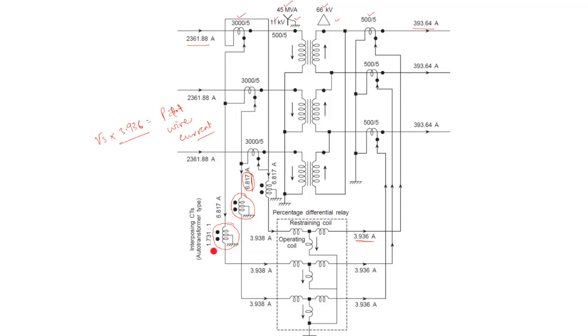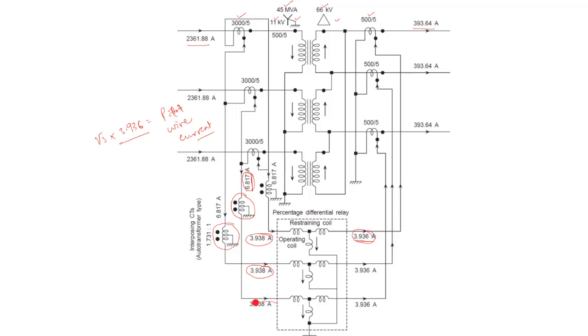We have a ratio of 1.731 is to 1. So now your current after the interposing transformer will become 3.938 ampere, right. From the primary star side it is coming 3.938 ampere, and it is going to the delta side as 3.936 ampere.